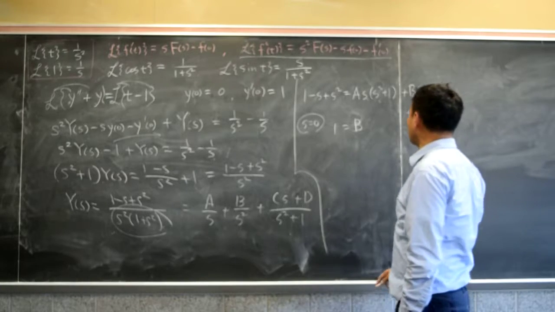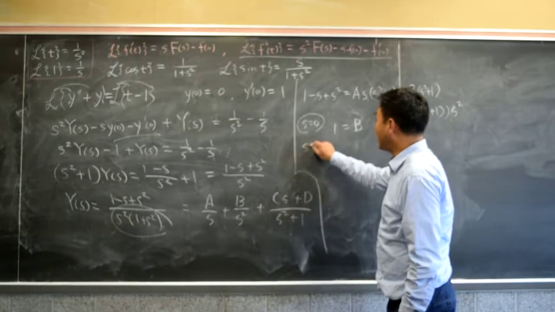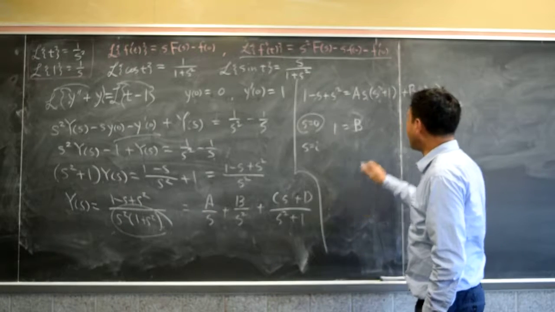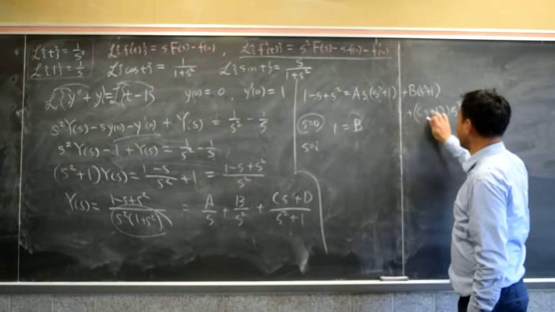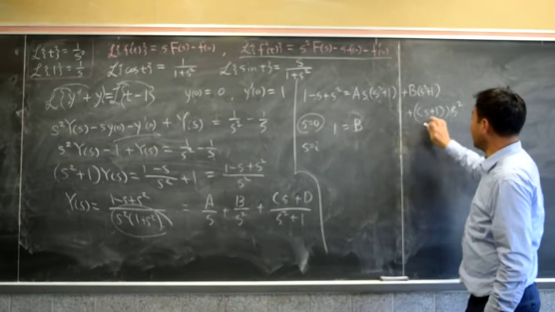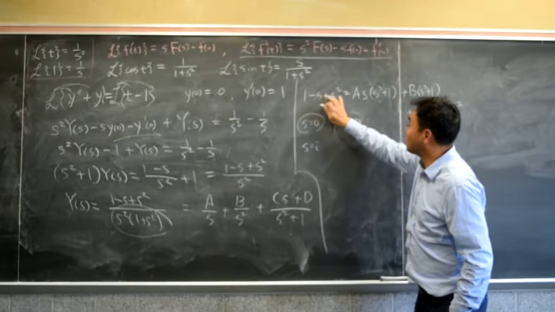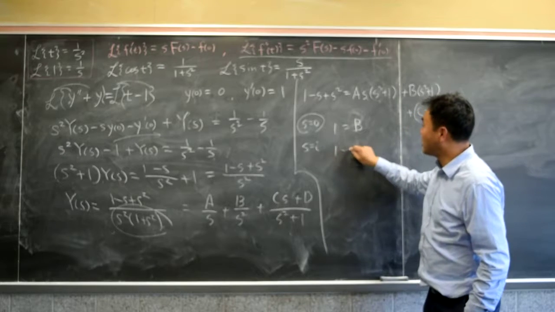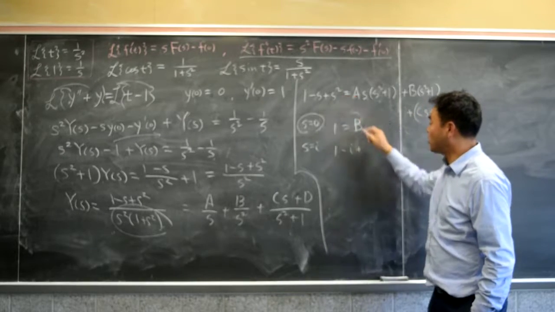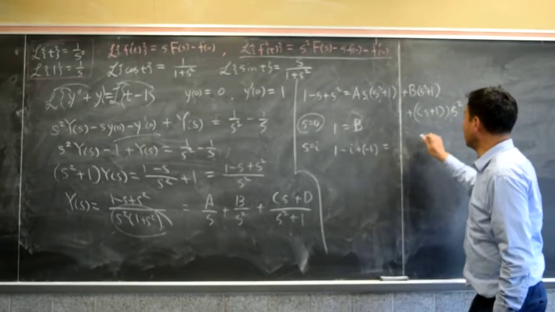And then I want to plug in s equals i. Why i? Because i squared is minus 1, so these two terms vanish, and you're left with this. What about the left side? 1 minus s plus s squared, so it's 1 minus i plus i squared, which is minus 1.